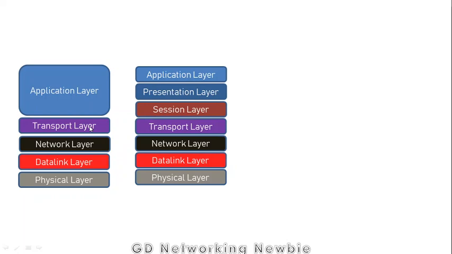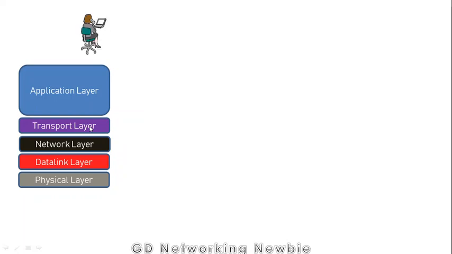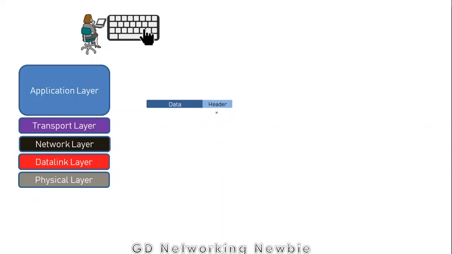So what happens when a user requests some information? It actually hands over that request to the application layer, and the application layer adds an application layer header on top of that. This header can have information like HTTP or FTP.